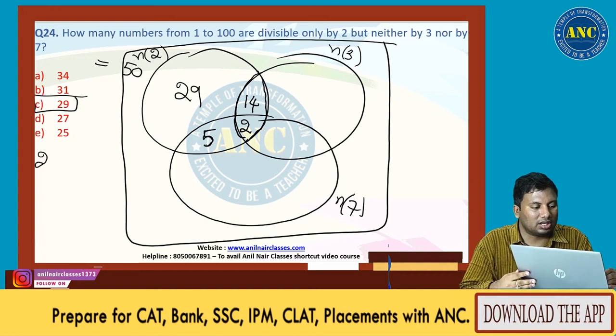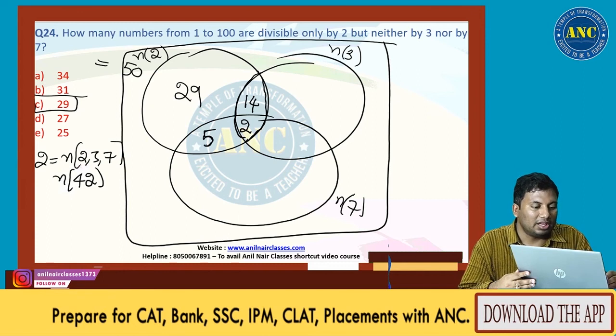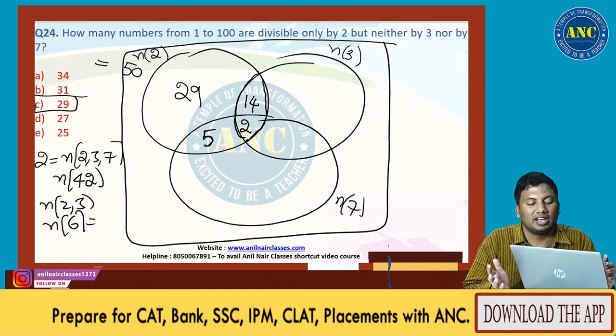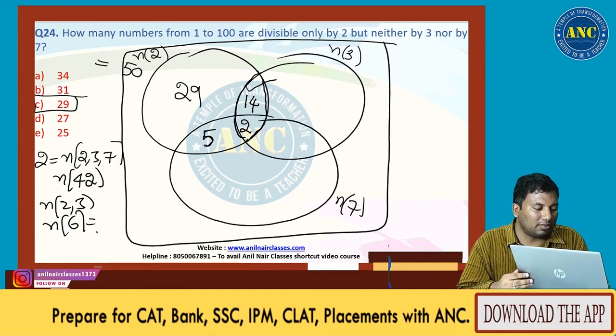This is nothing but n of 2, 3, 7. 6 7s are 42. Number of numbers which are multiples of 42 is 2. N of 2 comma 3, which is n of 6. How many multiples of 6 are there till 100? 16. 2 is written, so remaining 14. This is nothing but n of 2 comma 7, n of 14.